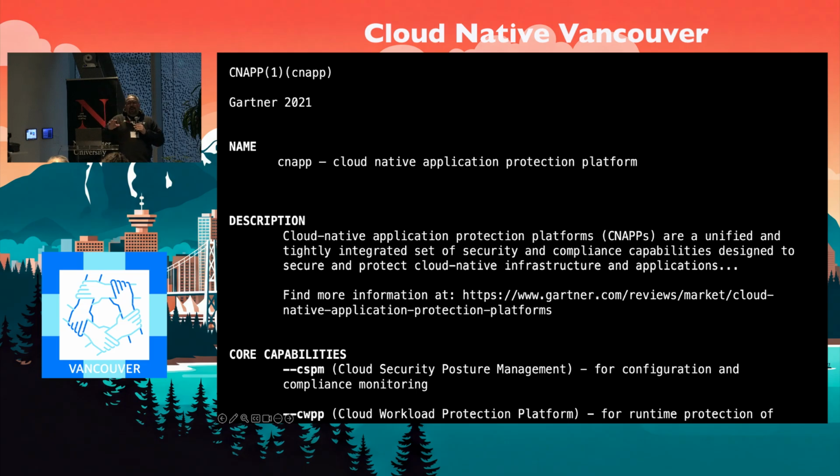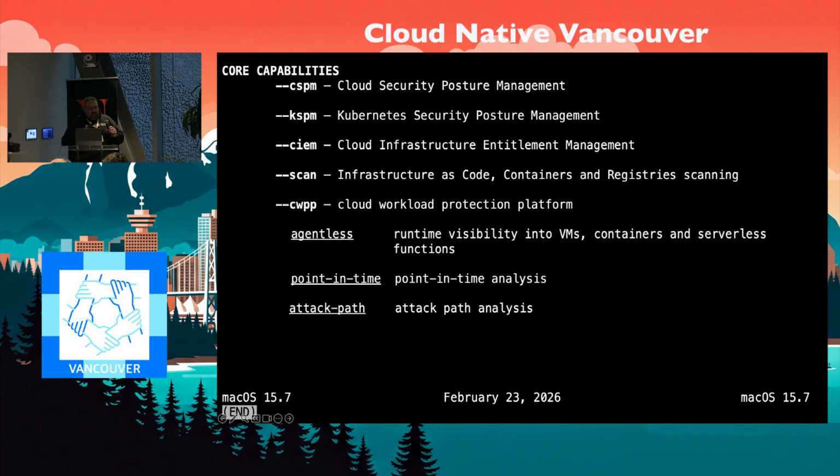So, to not create a lot of confusion, let's just talk about the core capabilities. If we were going to cover all the capabilities here, we'd spend a few hours talking about CNAPP, but let's focus on the core ones. According to Gartner, the core capabilities for CNAPP would be CSPM, or Cloud Security Posture Management, Kubernetes Security Posture Management, or KSPM, and CIEM, which you call CIEM just to make a difference from SIEM, S-I-E-M.